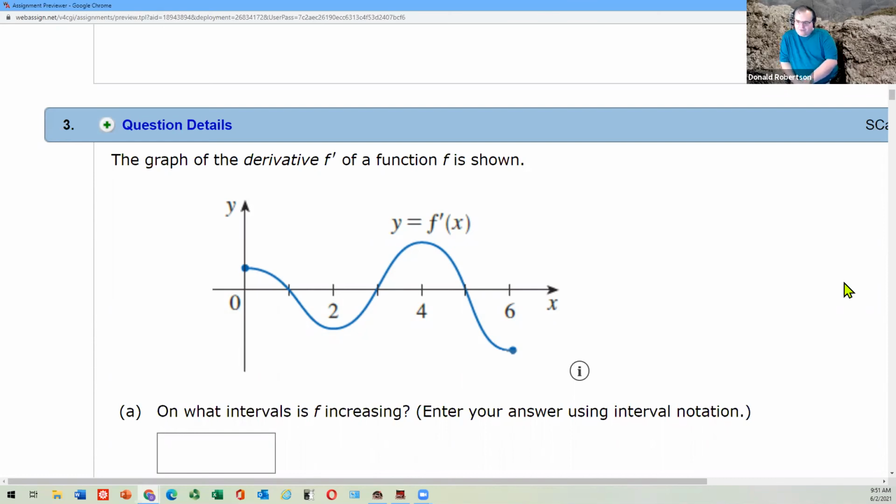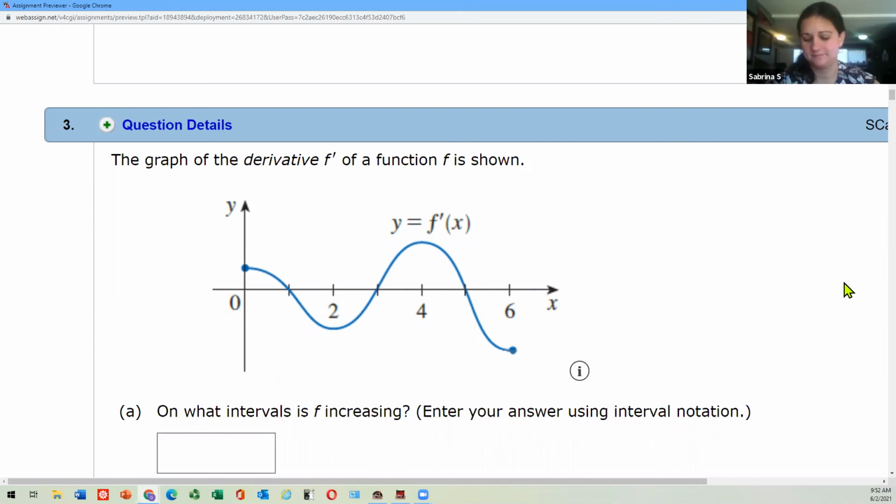If first derivatives tell me increasing, decreasing, local max and mins, if that's what they can be used for, what do you think the second derivative is going to be used for? A sketch of the second derivative function is going to tell you the increasing and decreasing of the first derivative, which is called concave up and concave down.